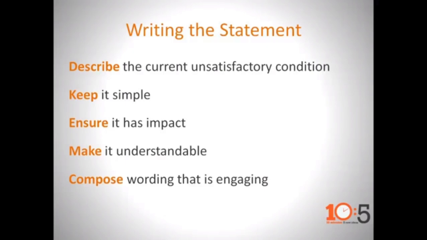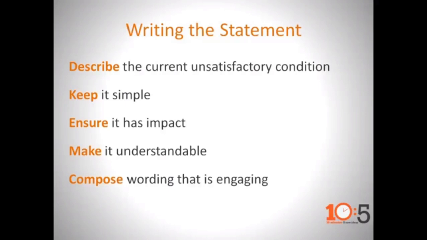First, we must describe the unsatisfactory condition. The statement itself needs to be simple. It can be bullet points. It doesn't need to be a book. We have to make sure that it has impact. We have to make sure that it's understandable to all readers. And then if we're going to really get everyone's attention, we want to make the wording engaging.